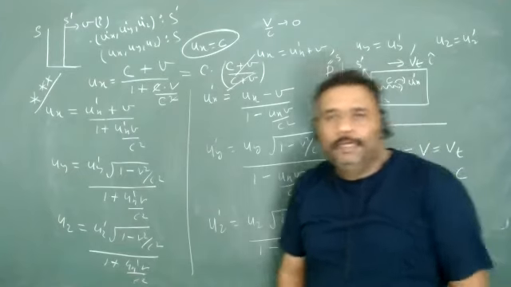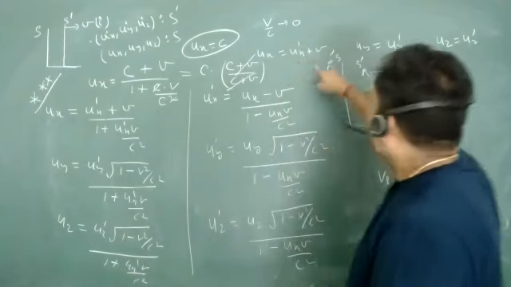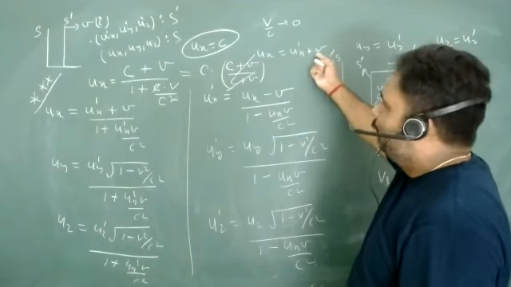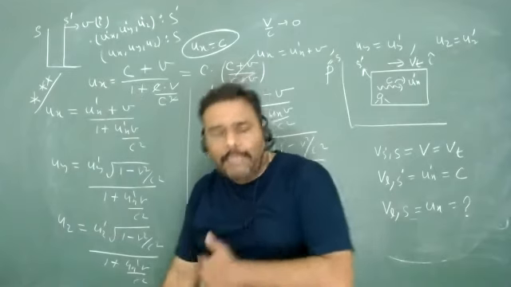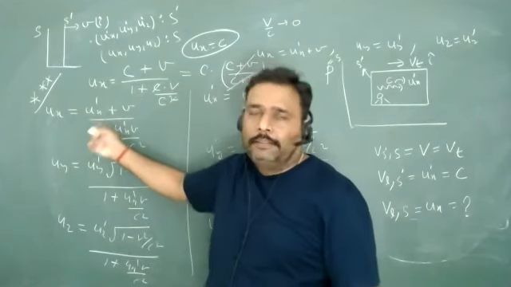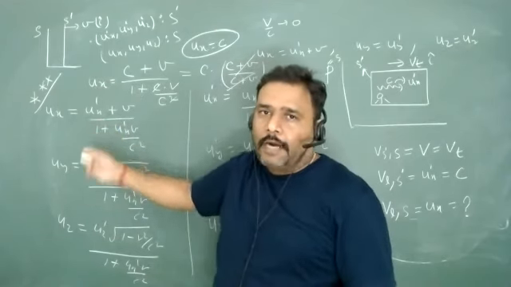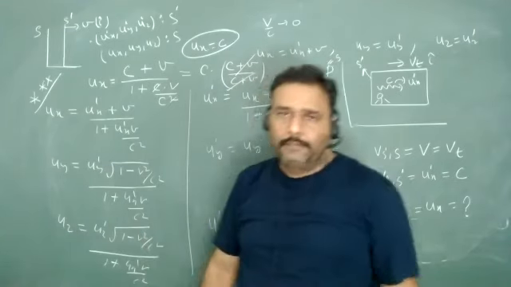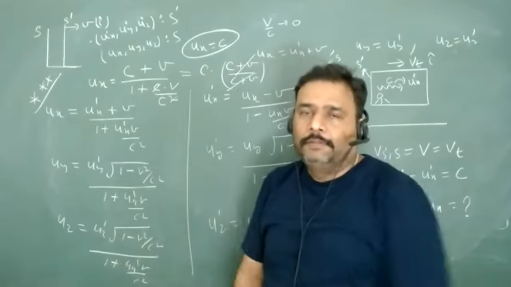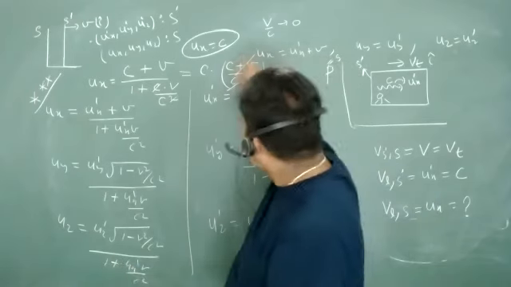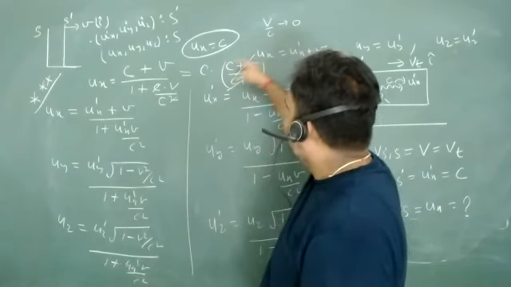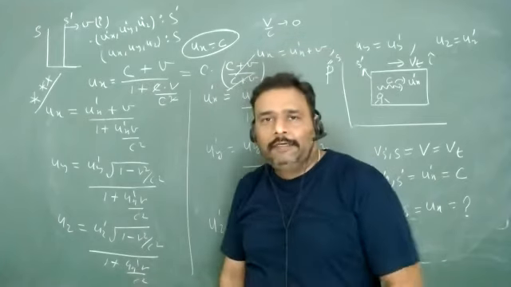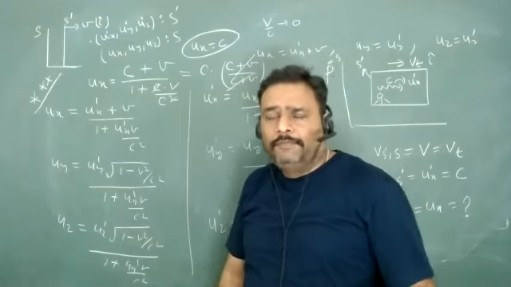This cannot be proved by the Galilean. If you prove ux dash is equal to c, then ux will be c plus v. But look at the beautiful calculation: how the Lorentz transformation nicely worked to reveal the property of nature, and the unnecessary part of the Galilean is cancelled out. And we have the speed of light from any frame as c.